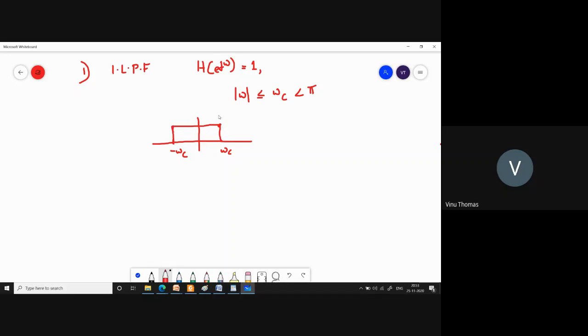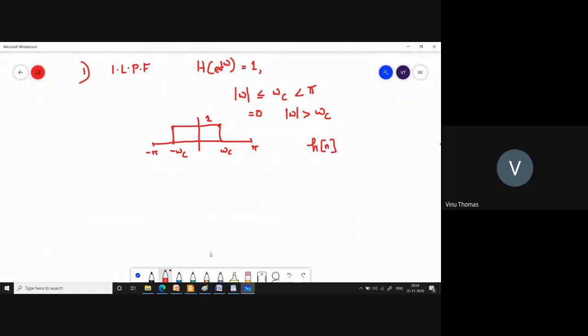And it is equal to 0 for mod omega greater than omega c. So this is plus pi, this is minus pi, and this value is equal to 0. So this is your ideal low pass filter. Find out the impulse response h of n. That's your first question.